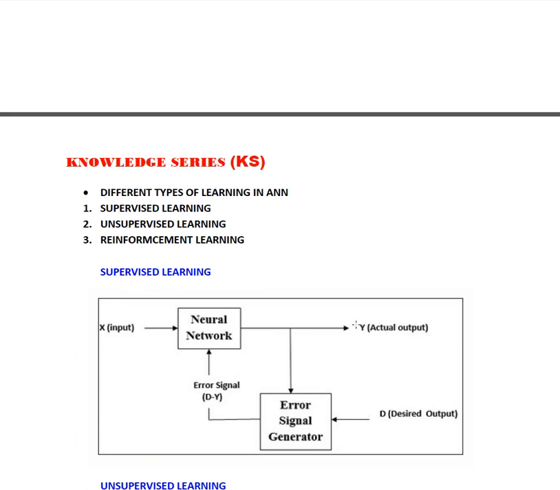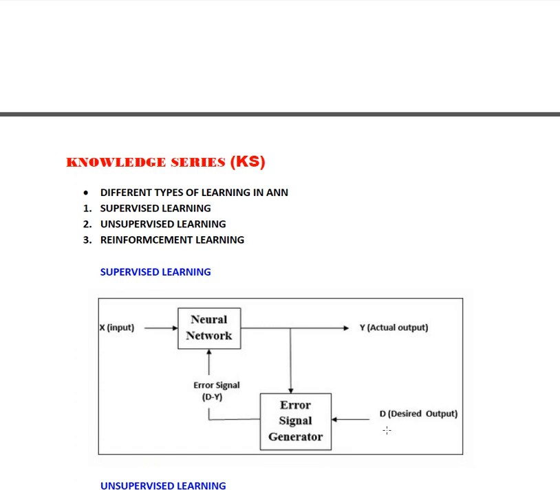If the child achieves the teacher's expected output Y after an exam, the teacher will give 100 out of 100 marks. Otherwise, the teacher will say there is some error between what the teacher expected and the actual output.